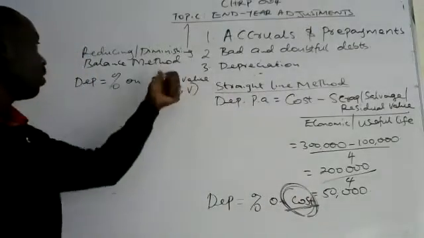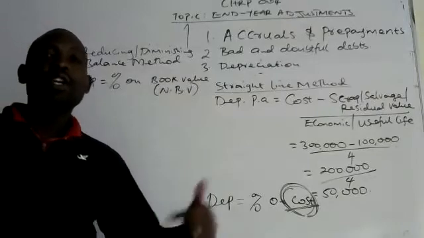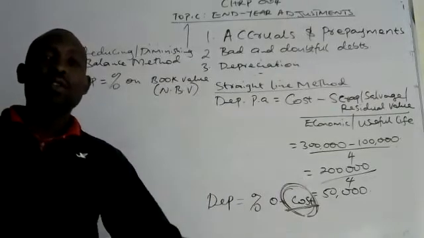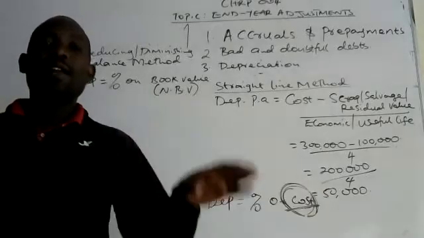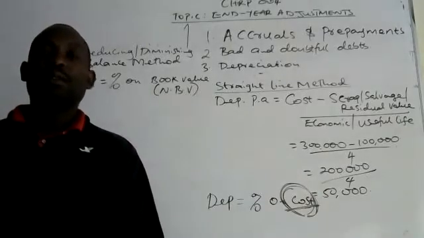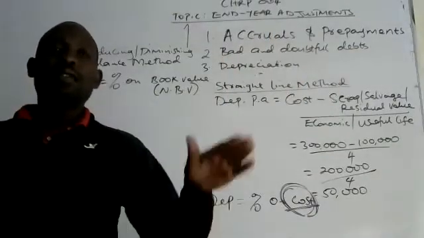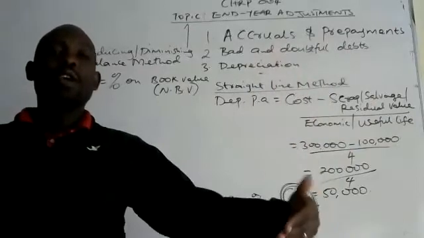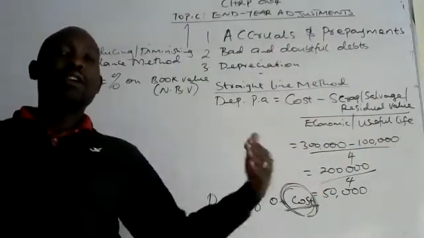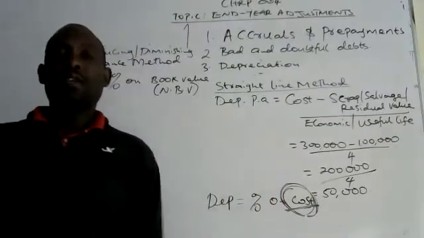But this one is on the net book value. The value of the asset keeps on reducing. If I use it this year, then as I enter the next year, the value would have reduced. As I go to the third year, it is going to reduce further. As the years go by, the value of the asset is reducing, and because depreciation is calculated on the value, then depreciation also will be reducing.